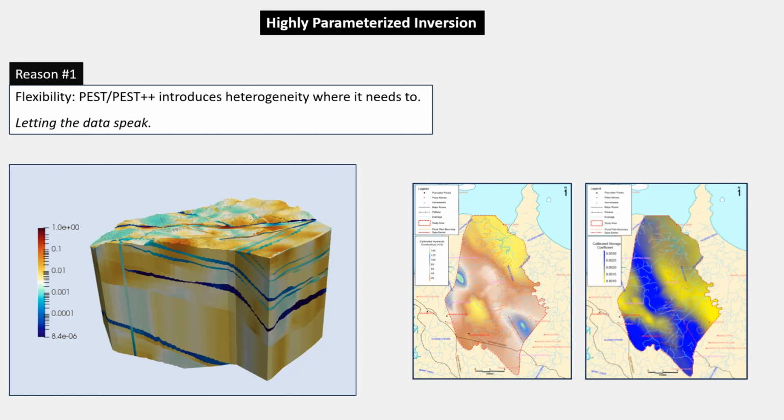We let the data tell us where the heterogeneity should exist, with constraints exercised on the history matching process, of course, so that we don't overfit or come up with stupid parameters. But we let the data speak, and we have parameters lying in wait wherever the data may suggest that heterogeneity may exist.